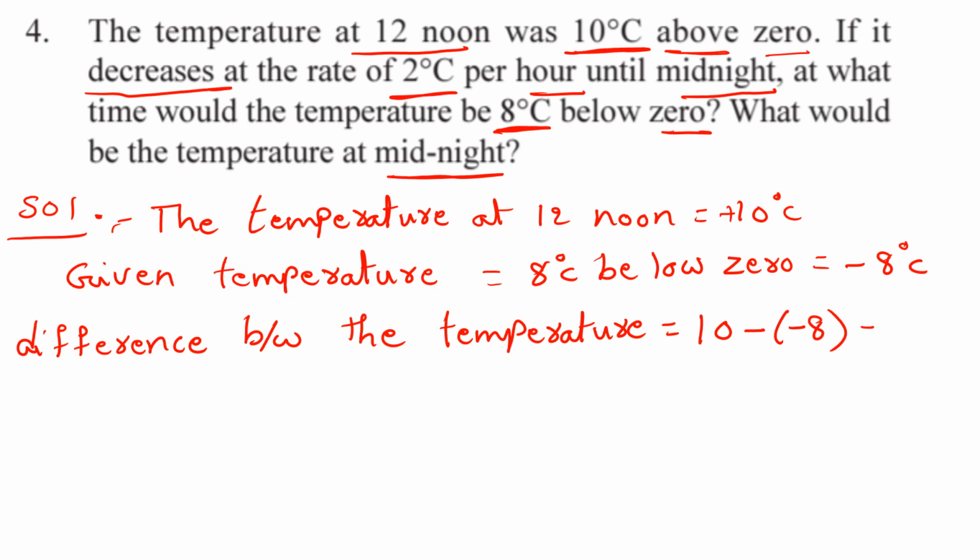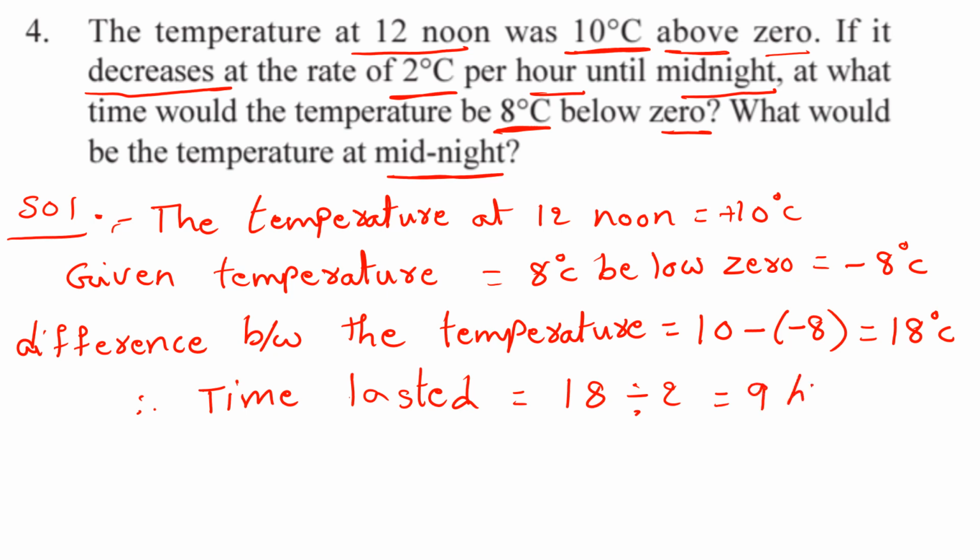So that equals 10 plus 8, that is 18 degrees centigrade. Therefore, time lasted equals 18 divided by 2, since it decreases 2 degrees centigrade per hour. So 18 divided by 2 equals 9 hours, the time lasted is 9 hours.